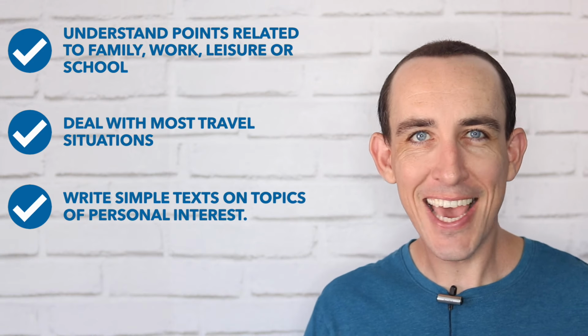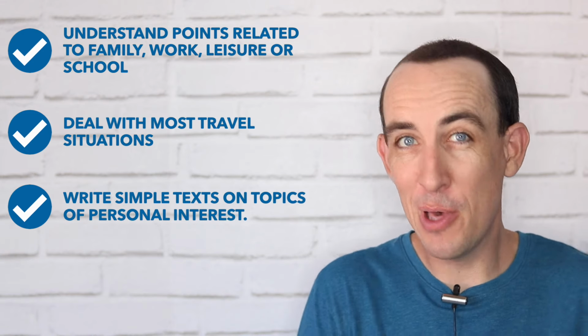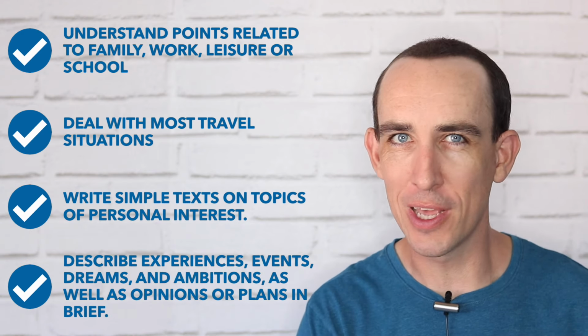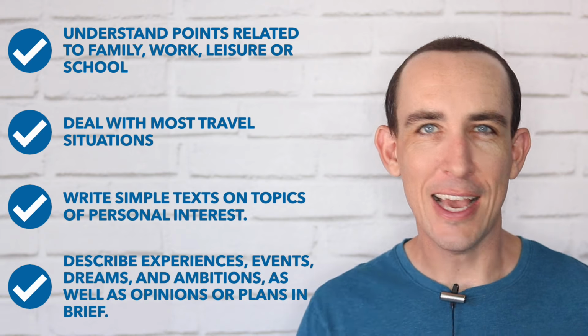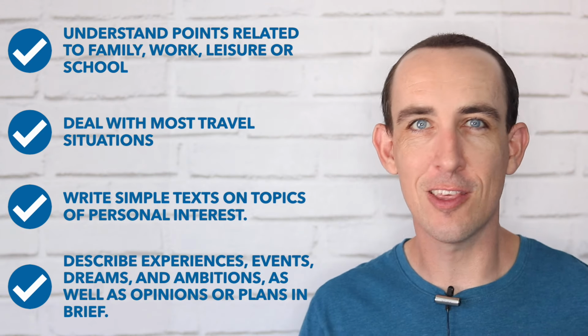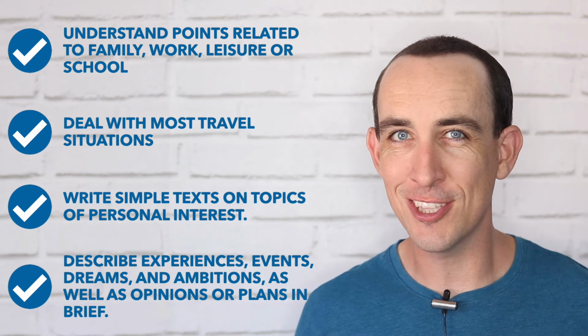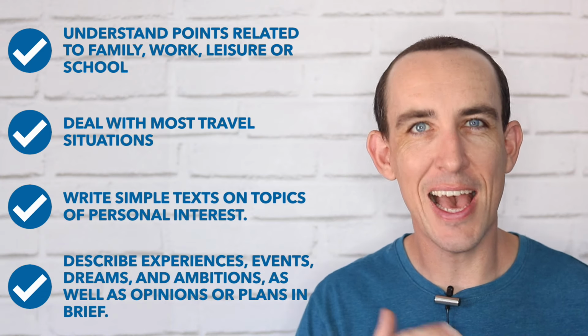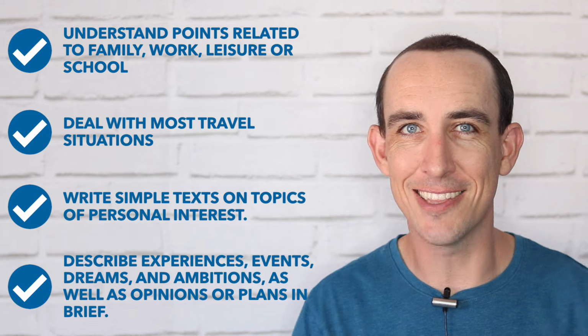You can write texts about topics of personal interest, and you can describe, both in spoken English and written English, experiences, events, dreams, ambitions, and also give brief opinions on things and talk about your plans. If you can do all that in English, you have a B1 level.